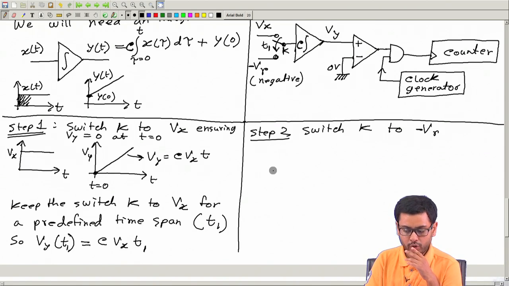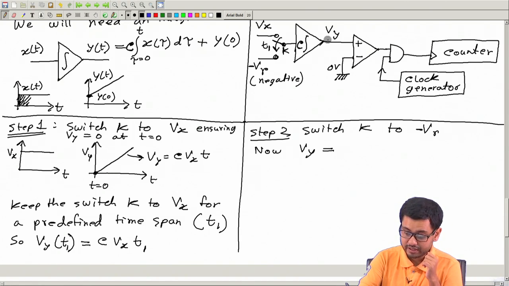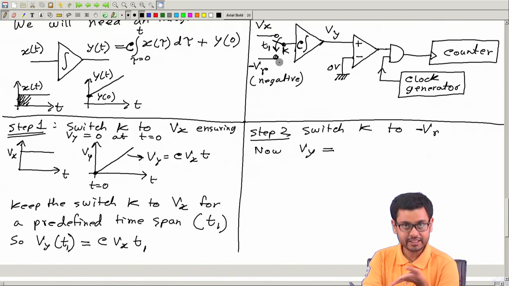Now what will happen? Now this Vy will start to decrease, because now the input is negative, and if you integrate a negative value, the result decreases with time.